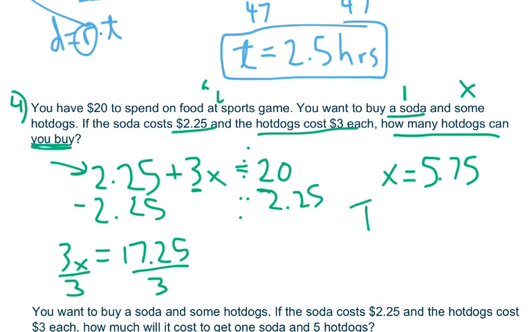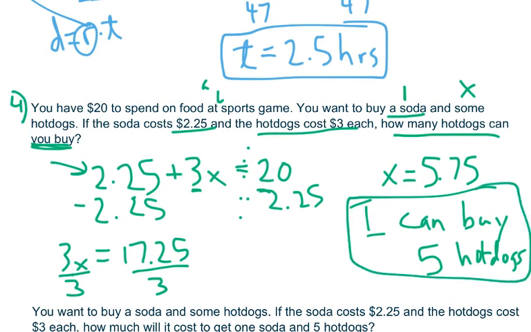I can buy 5 hot dogs. So this is a great example of you do all this work to solve for something, but it's not the answer. You have to answer the question, which is 5 hot dogs.